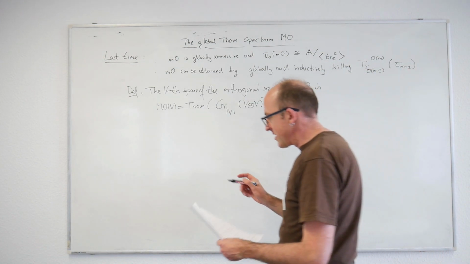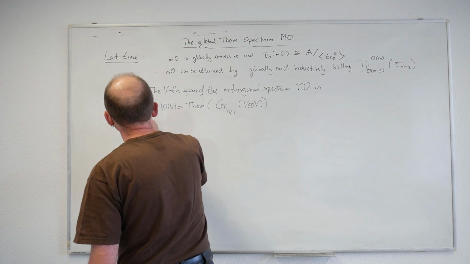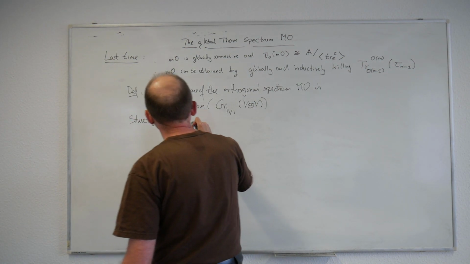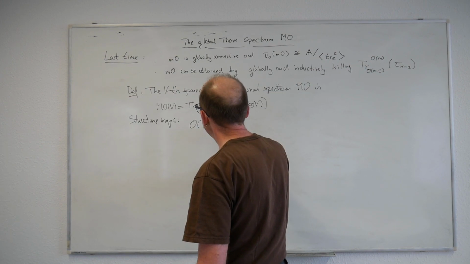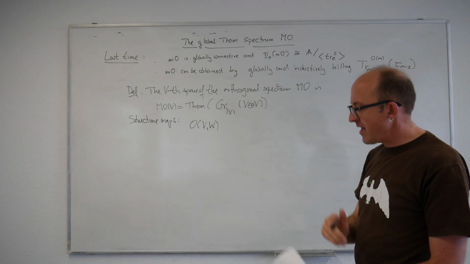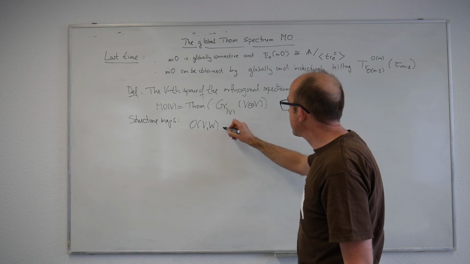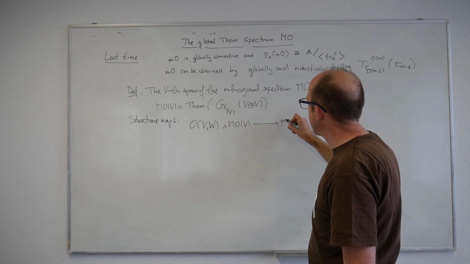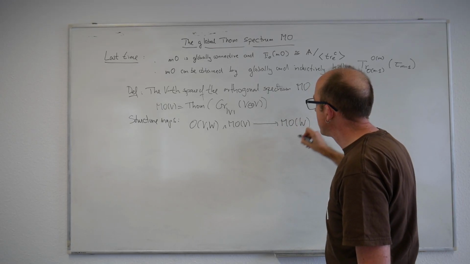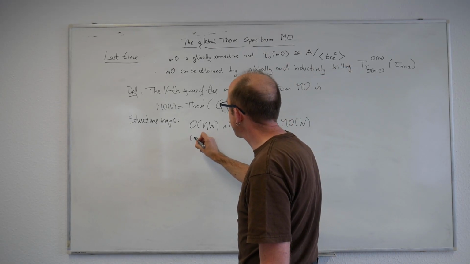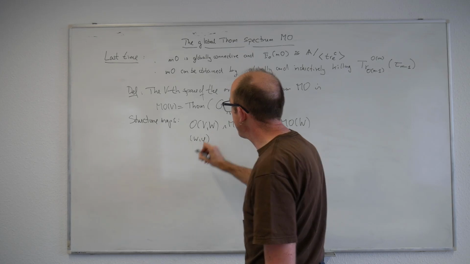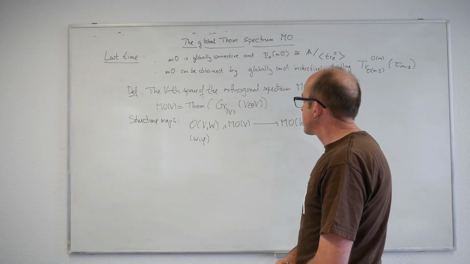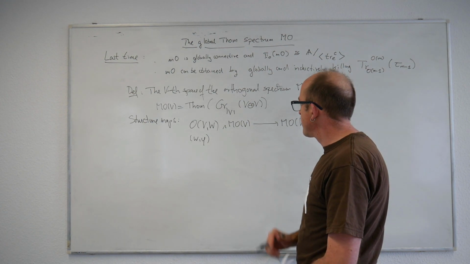The structure maps are defined in a way very similar to little m capital O. So I have to give you a map from O(V,W), the space in the indexing category for orthogonal spectra, smash MO(V) to MO(W). An element in here is a pair W, phi, where phi is a linear isometric embedding from V to W, and W is orthogonal to the image of phi.